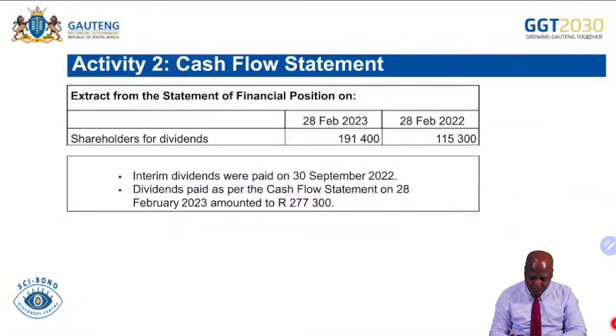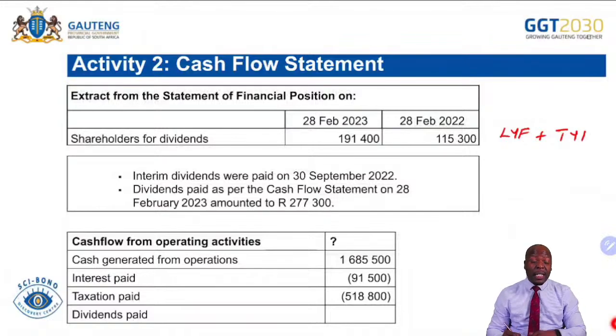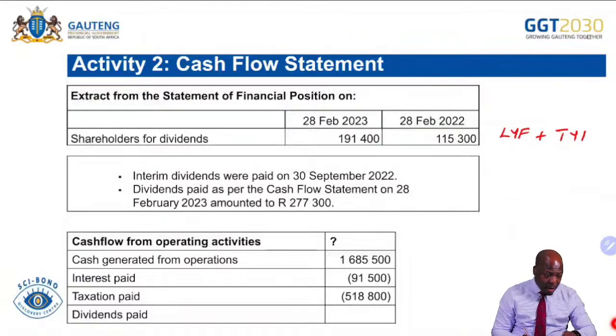And then we would say the last year's final plus this year's interim. This becomes the shortest way to get your dividends paid, whereby you take the last year's final.